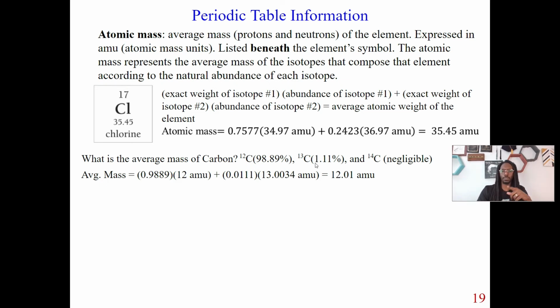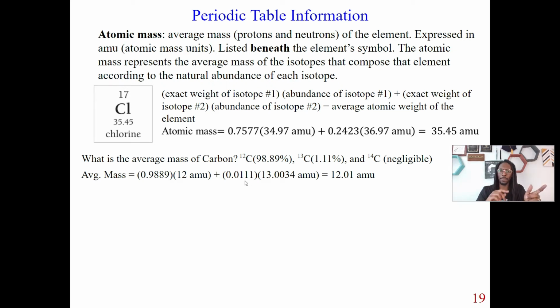Second isotope, carbon 13. Carbon 13 is 13.0034. You could just put 13. I just added a couple extra numbers being fancy to let everybody know. Put 13, that's perfectly fine. 13 AMU. And then its abundance is 1.11%.